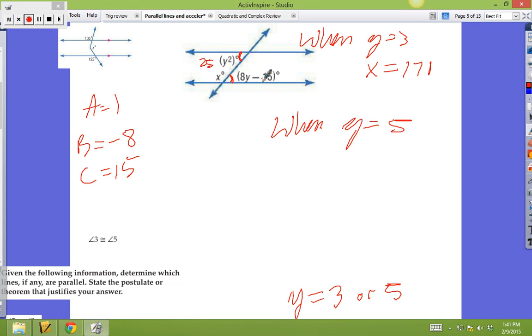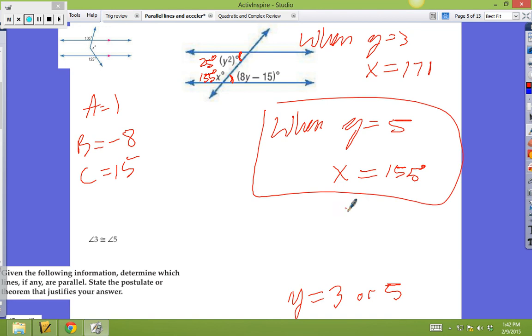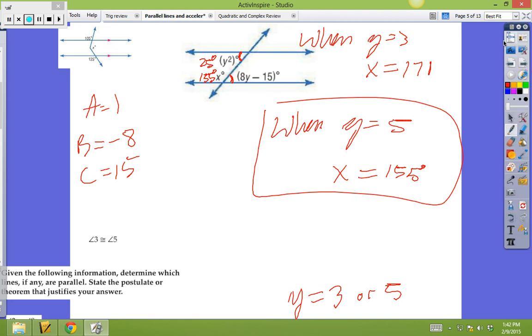This is going to be 40 minus 15. That's 25. So 25 was supplementary with 25. It's got to be 155. That means x has got to be 155 when y is equal to 5.